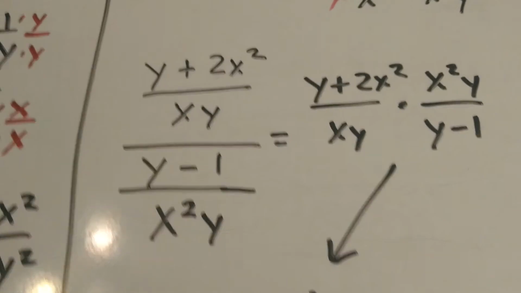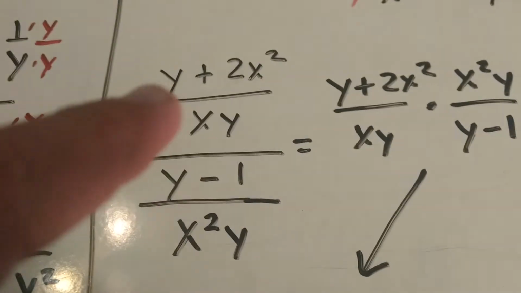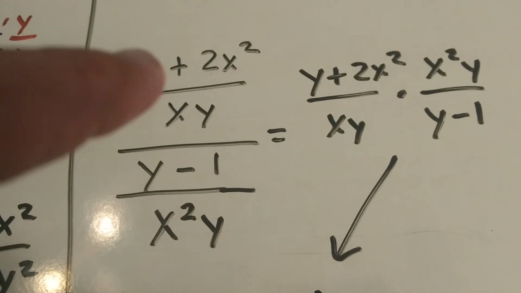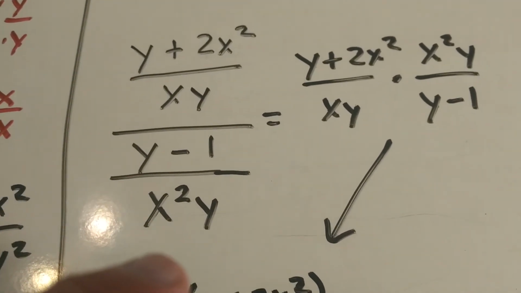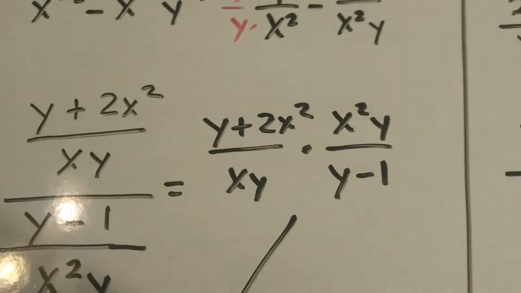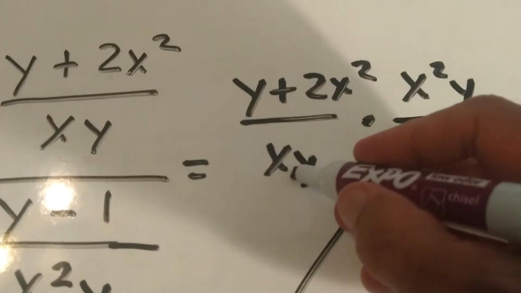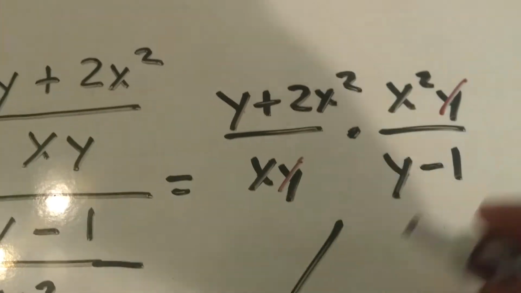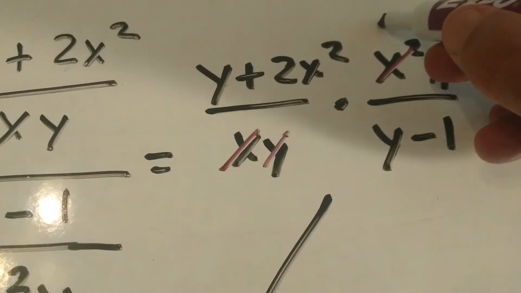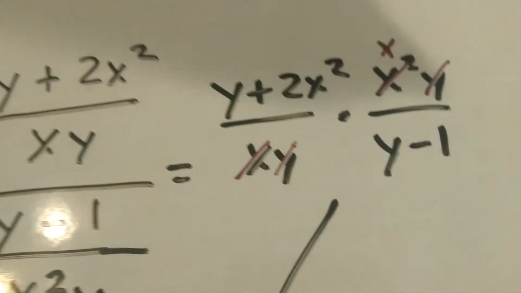Now we're in the position that we want to be, where we have a fraction divided by a fraction. So we're going to take the top fraction and multiply by the reciprocal of the bottom, which is what I have here. And you see that the y's cancel. I got a y on the bottom and a y on the top, so it's gone. I got an x on the bottom, and I got two x's here, so it leaves me one x left over.